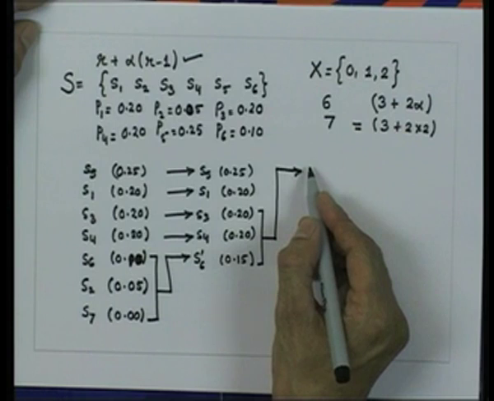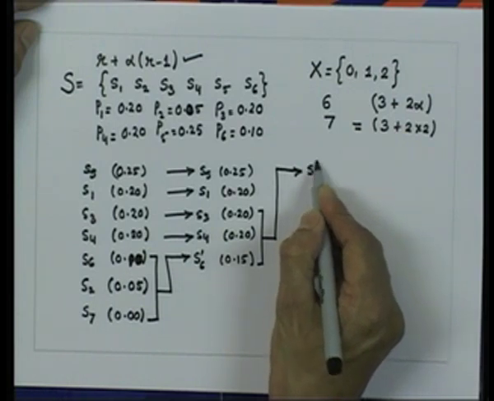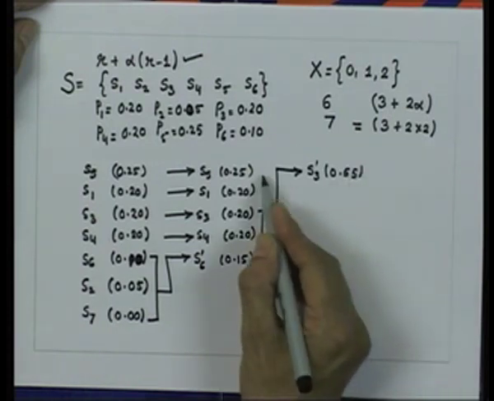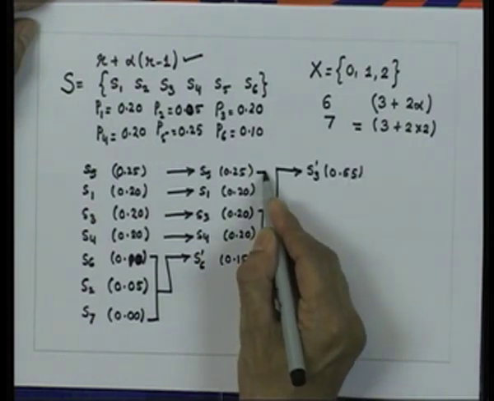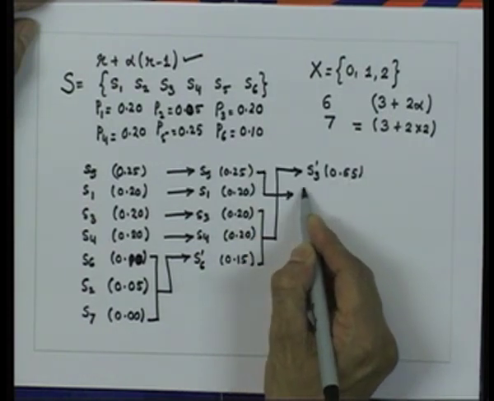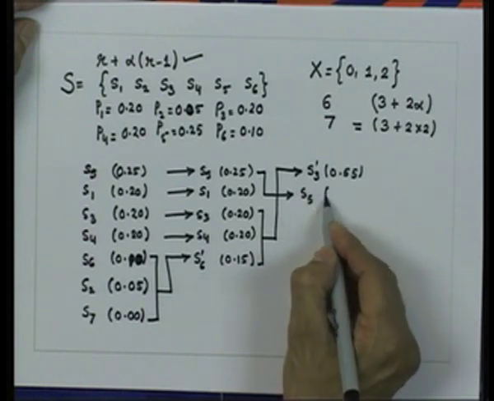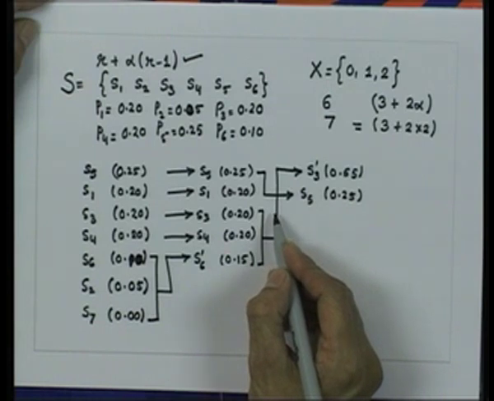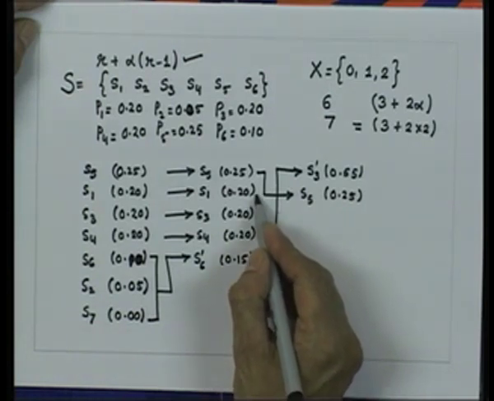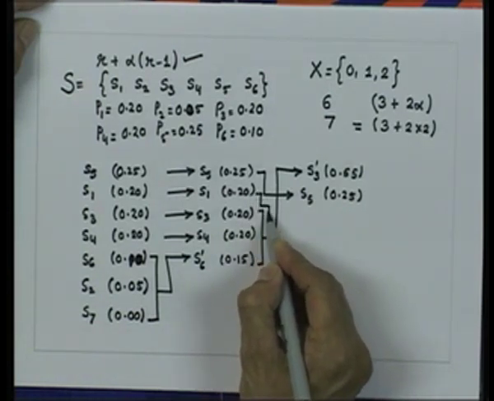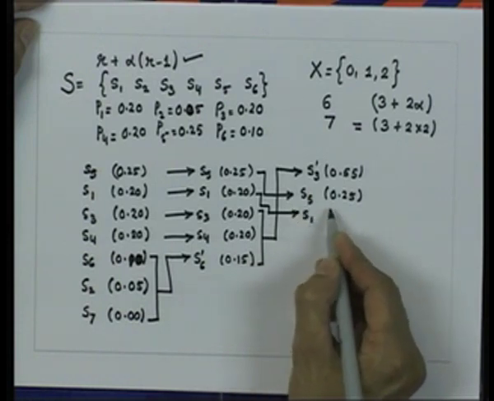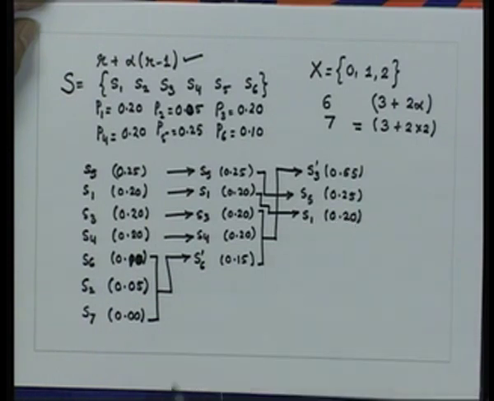Then again I combine these 3 and place it on the top. I get S3 dash as 0.55. This will be S5, that is 0.25, and S1, that is 0.20.